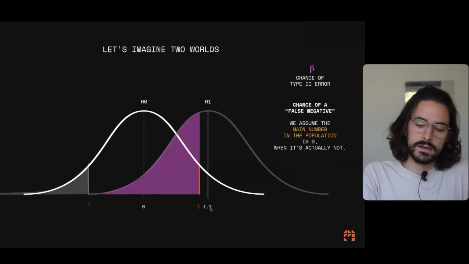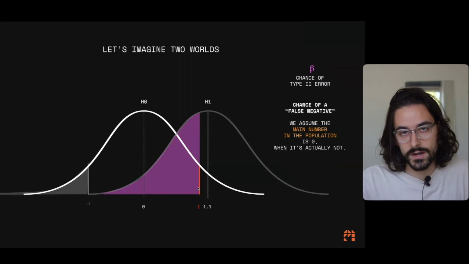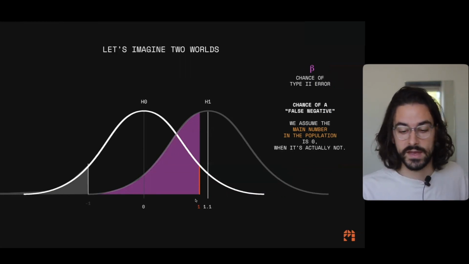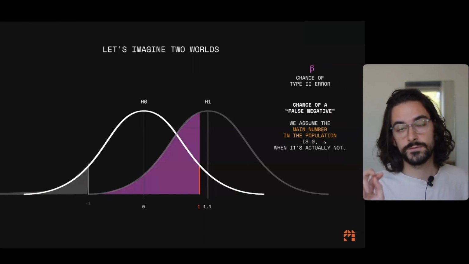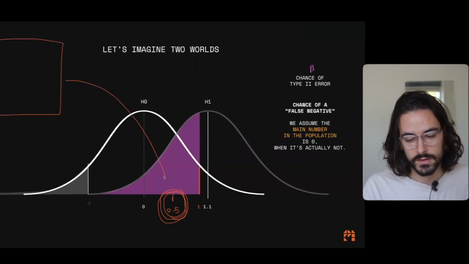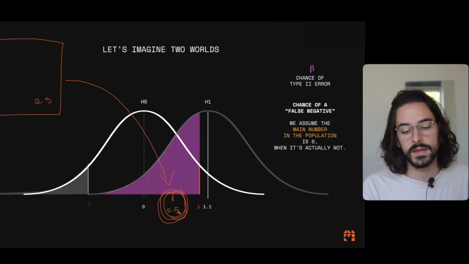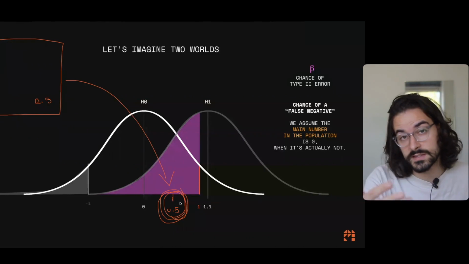Okay. Beta, on the other hand, is the area overlapping the H1 distribution and the inner area of your critical value. The critical value here was 1. So this is the chance of a type 2 error, which is the chance of a false negative. So let's say you have that example where you have a sample, and this sample had a difference of 0.5, and we're plugging that number here, and we're like, okay, is the 0.5 falling off the cliff?